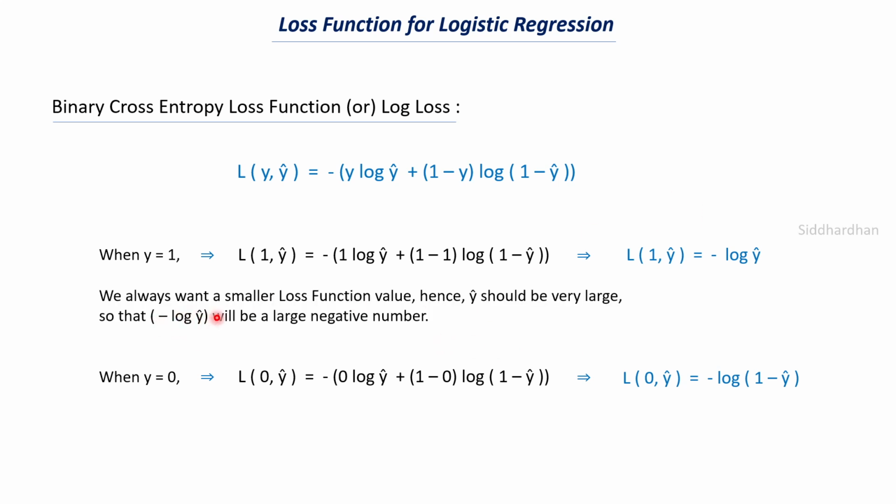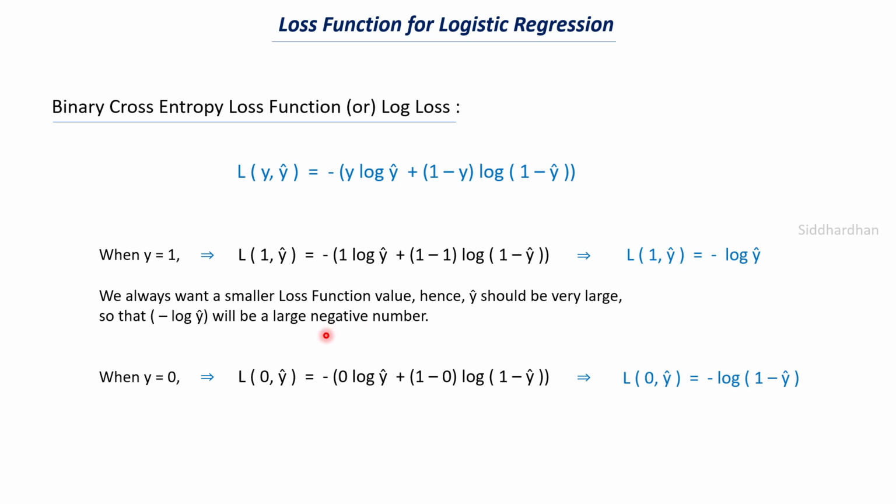We always want a smaller loss function because that means our model is working accurately. Hence y cap should be very large, so that negative log y cap will be a large negative number. A large negative number means it is a very small number, right? A large positive number is a large number and a large negative number is a very small number, and that is basic math.